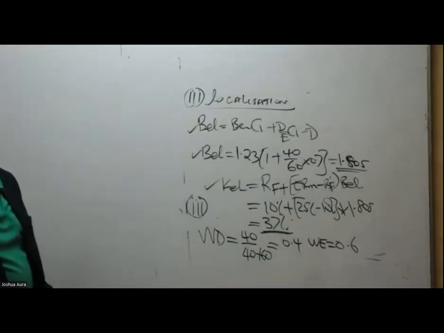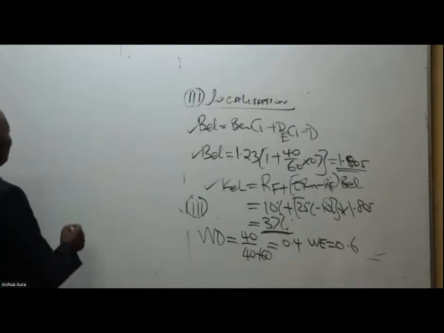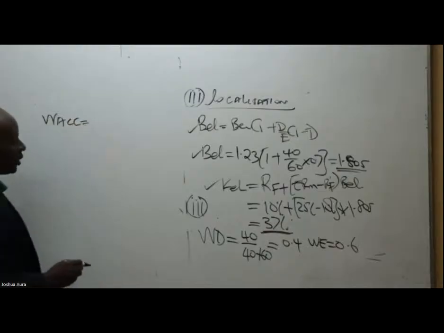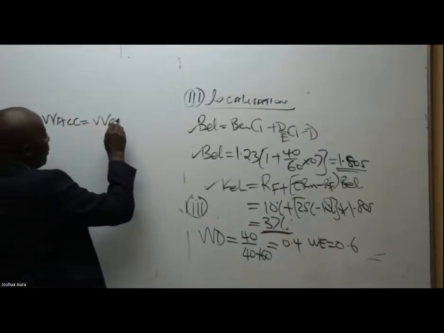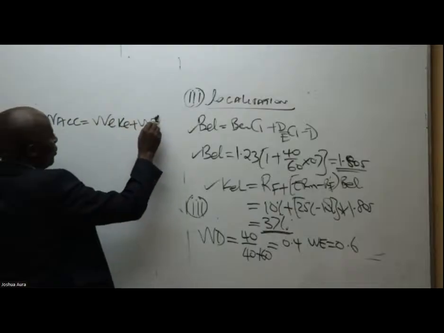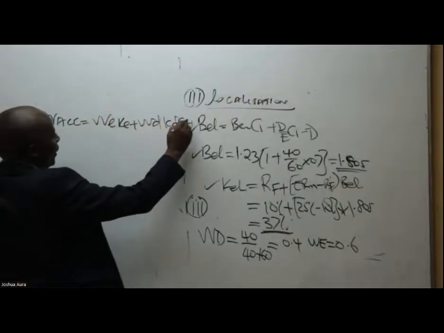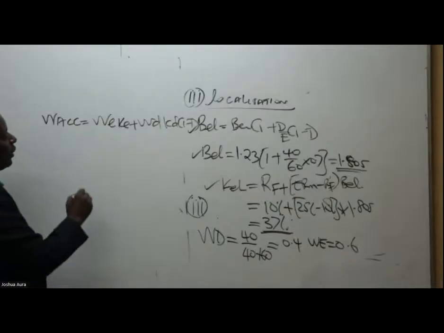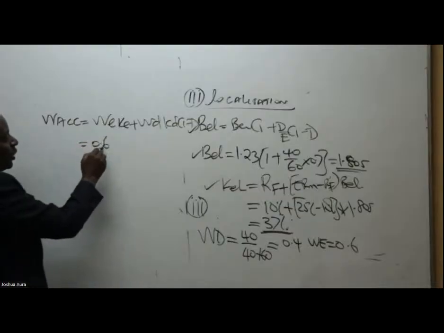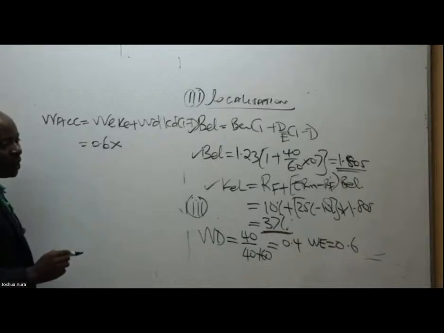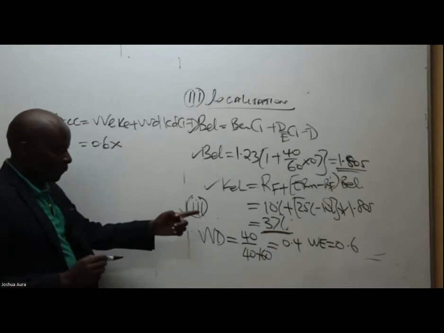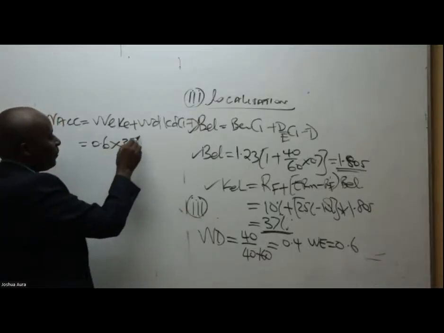All right. After that, ladies and gentlemen, please go ahead and give us WACC. So WACC will be weight of equity times cost of equity plus weight of debt times cost of debt into 1 minus taxation. Now we have everything. Weight of equity is 0.6 times cost of equity. What is the cost of equity? 37%.